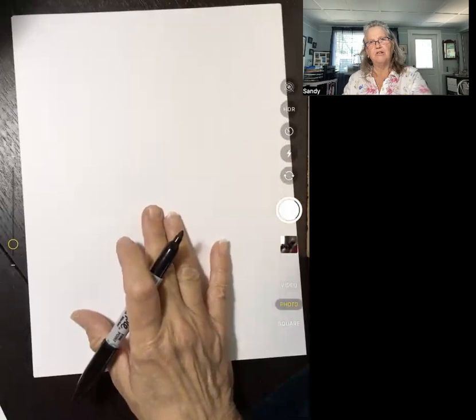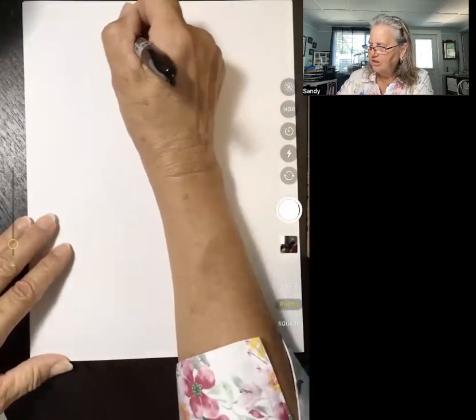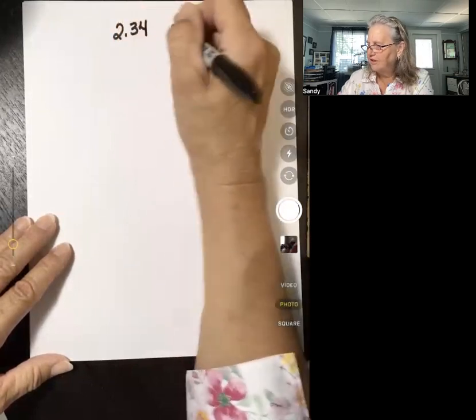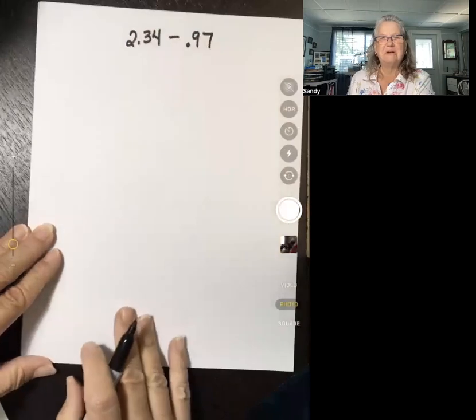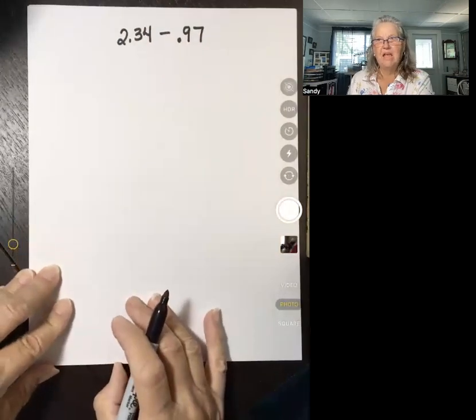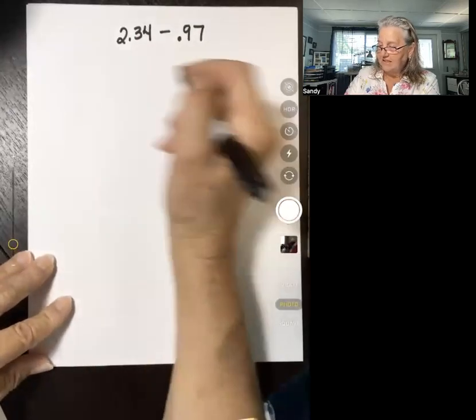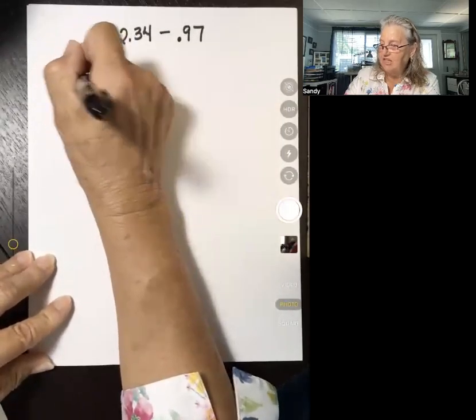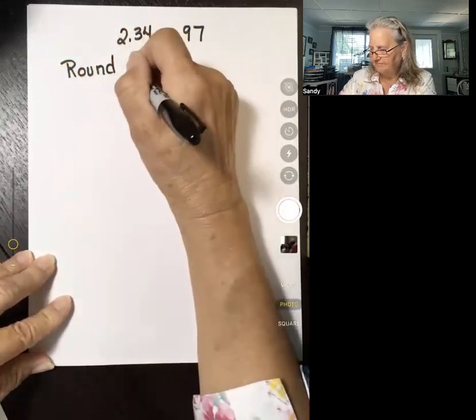And the problem we're going to look at is, let's do 2 34 hundredths, remove 97 hundredths. So that's why we were looking at that 97 hundredths. Now, one way to think about this, and one strategy that I mentioned in that intro video, is called round and adjust.